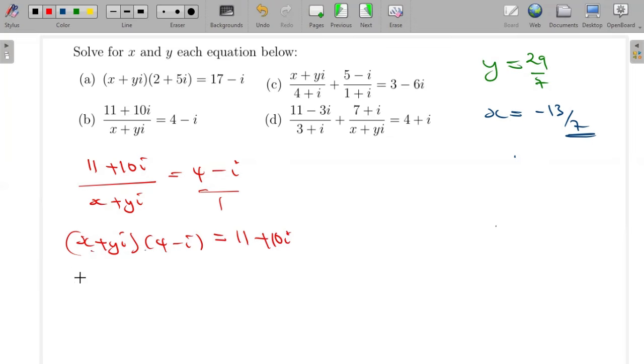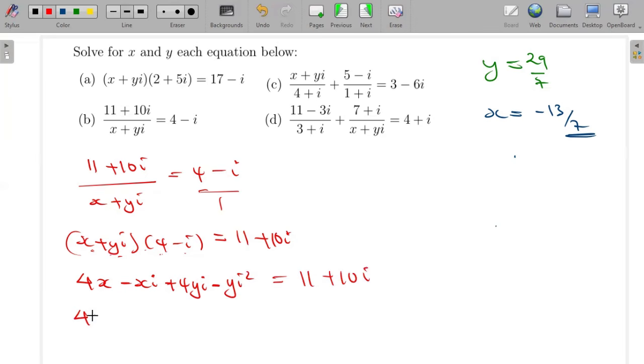So this here gives me 4x, that there gives me negative xi, this multiplied by that gives me positive 4yi, and that by that gives me negative yi squared, so that is equal to 11 plus 10i.